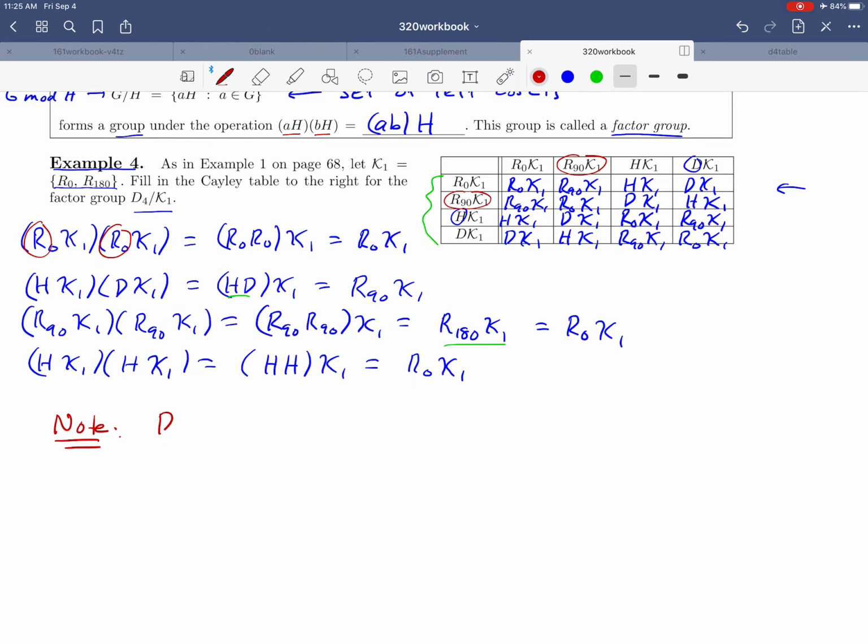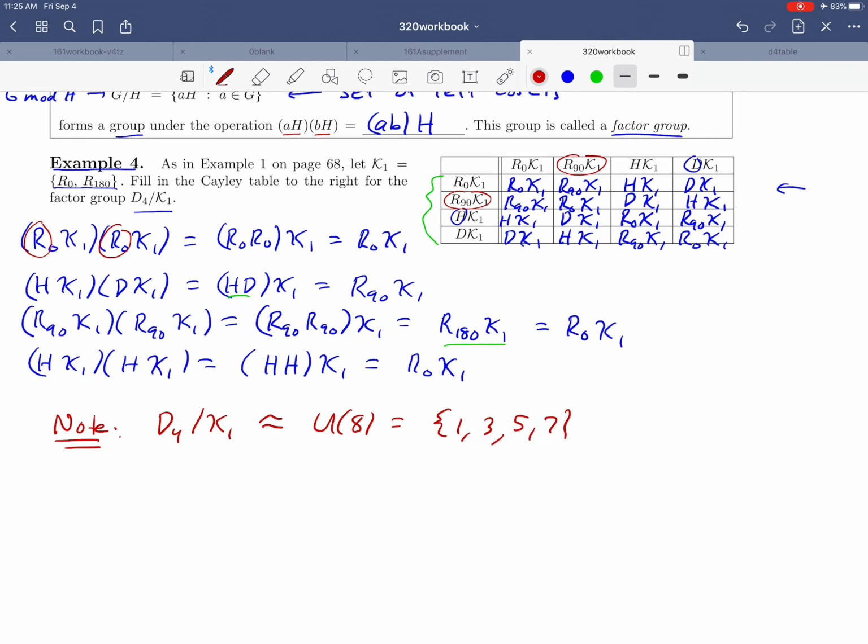So this group, D4 mod K1, this factor group, is actually isomorphic to a group that we've seen before, U8, the set of all positive integers less than 8 that are relatively prime to 8.